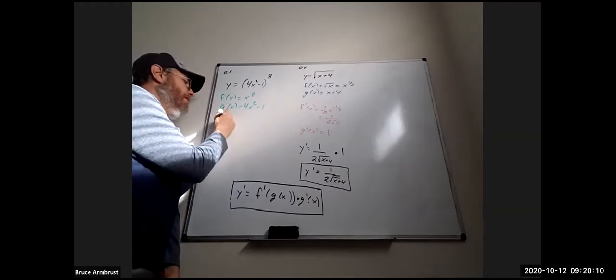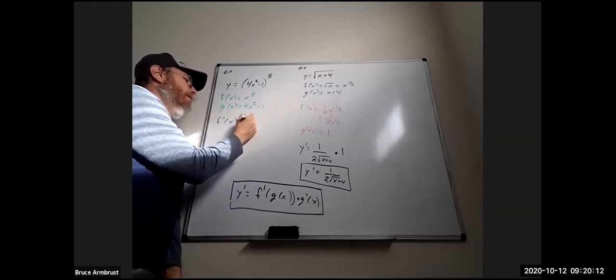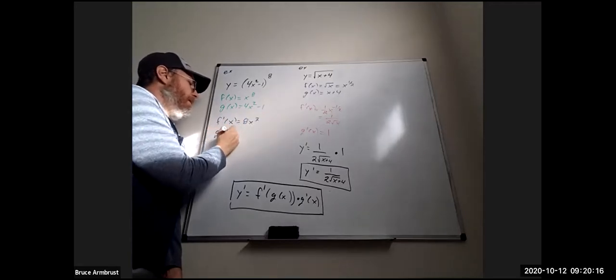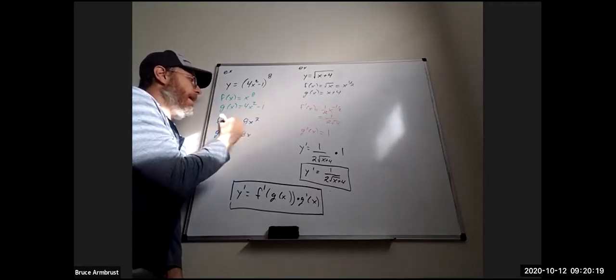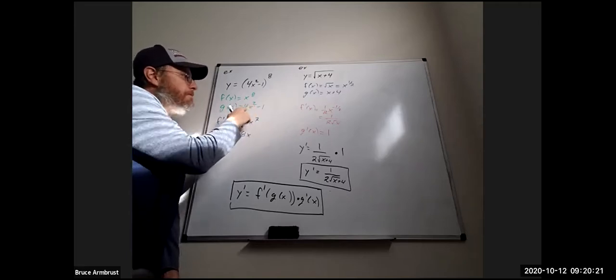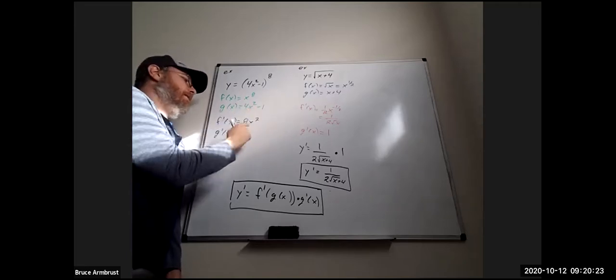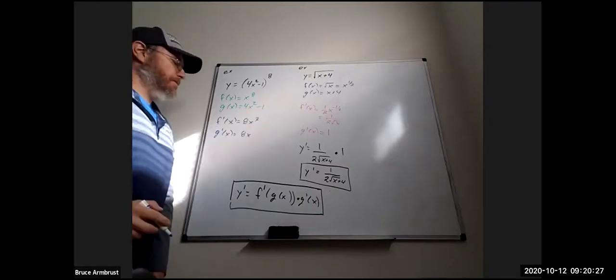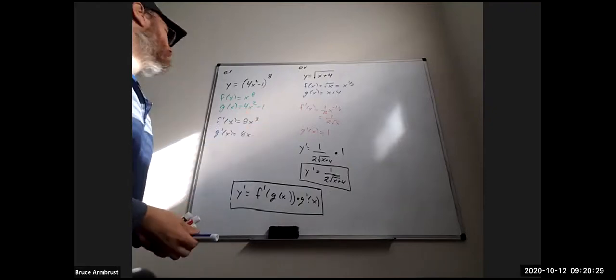So x to the 8th, of course, is 8x to the 7th using the power rule. And then g prime of x is going to be 8x. The 4 stays there, x squared gives me a 2x, so 4 times 2x is 8x. And then the minus 1 is a constant, so it goes away.